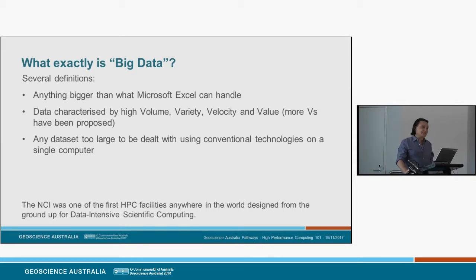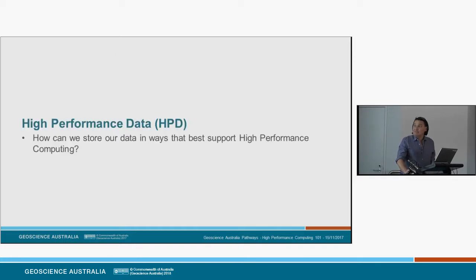So it has been a point of difference with the NCI, but the other HPC facilities around the world have cottoned on, and now you're seeing more of these integrated facilities that are designed more for data-intensive computing. So how can we store our data in ways that support high-performance computing?